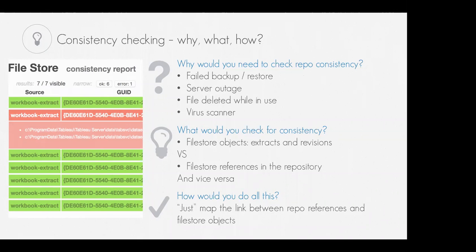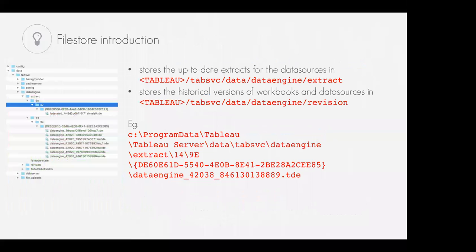So let's see how we can make this relation. How can we link the extracts with the workbooks or data sources? I'm sure you had a look into the extracts, the data engine folder, and you can see that your TDE files or embedded objects are stored in your data engine extract folder.